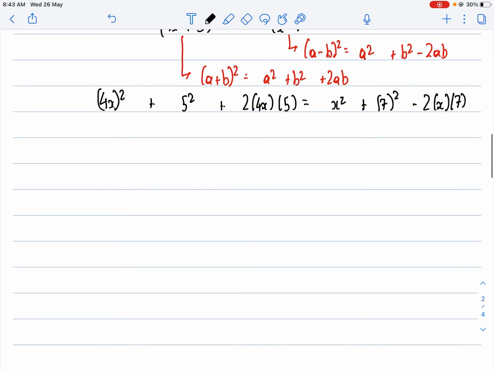So now I can write this as 16x square plus 25 plus 5 into 2 is 10, 10 into 4 is 40, 40x equals x square plus 49 minus 14x.